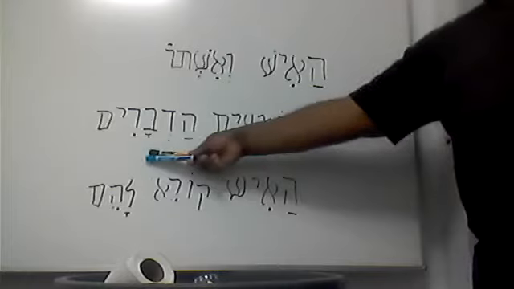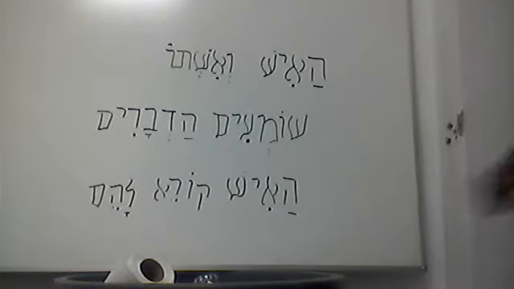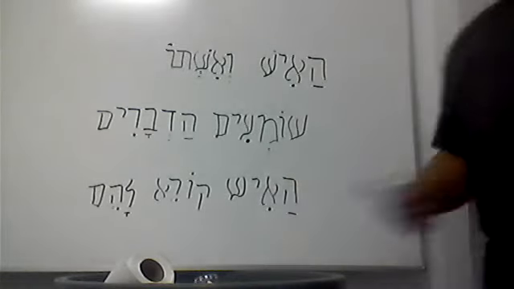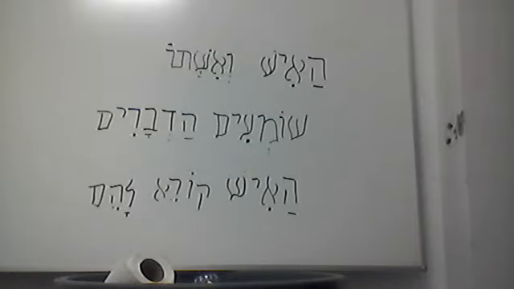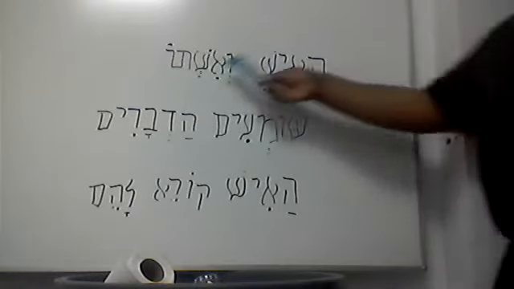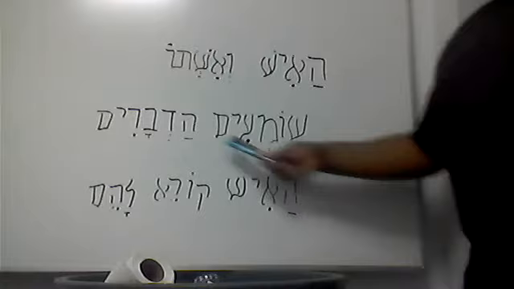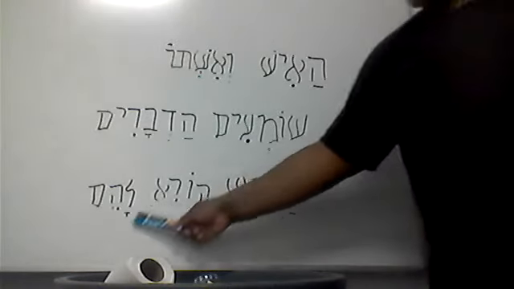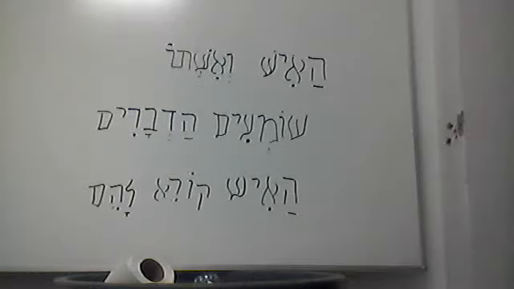Hadbarim, the words. Ha'ish kore lahem, the man is reading to them. All right? The man and his wife hear the words the man is reading to them. All right?